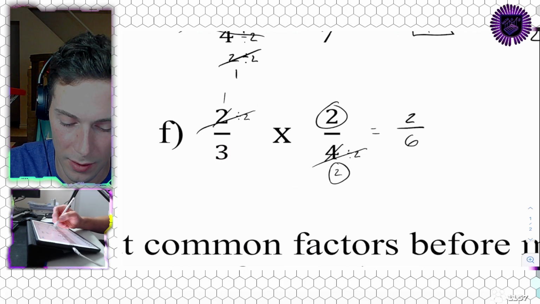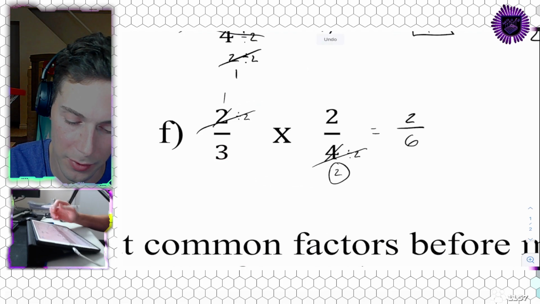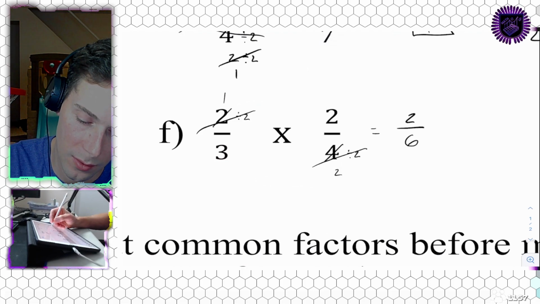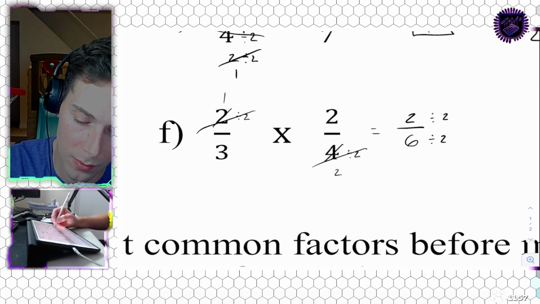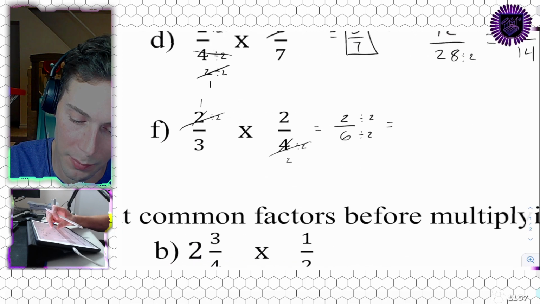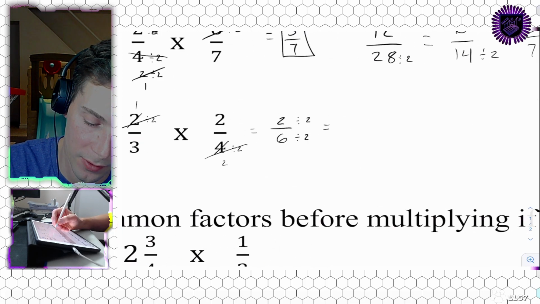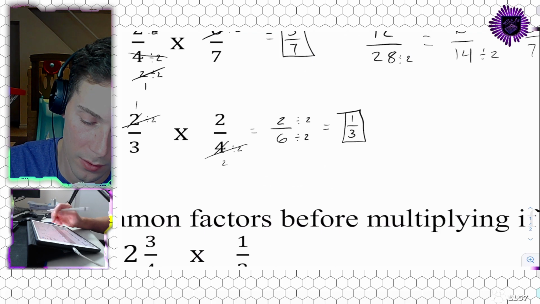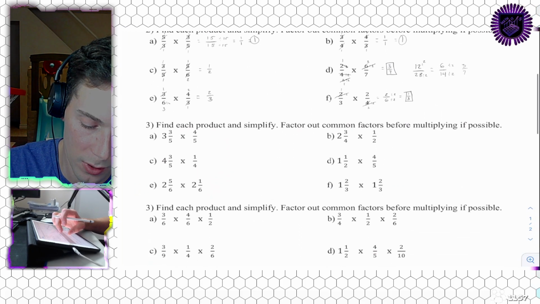I could cancel that and make it 1. So I'm left with some simplifying at the end. So they still have a common factor of 2. So I ended up doing both strategies together and fully factor out the factors. So 1/3. 1/3 final answer.